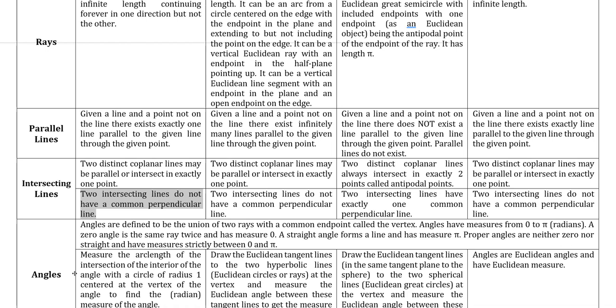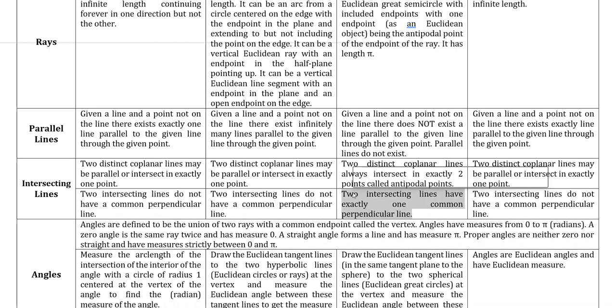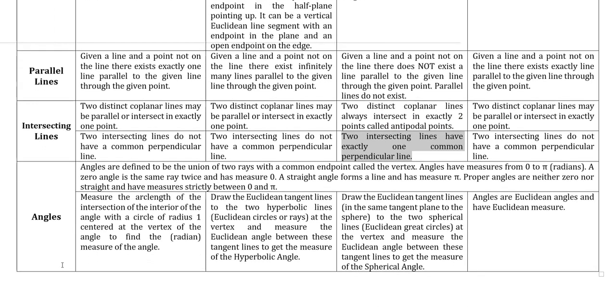Two intersecting lines do not have a common perpendicular line in Euclidean, taxicab and hyperbolic geometry, but two intersecting lines have exactly one common perpendicular line in spherical geometry.